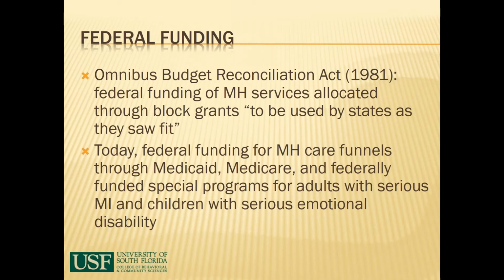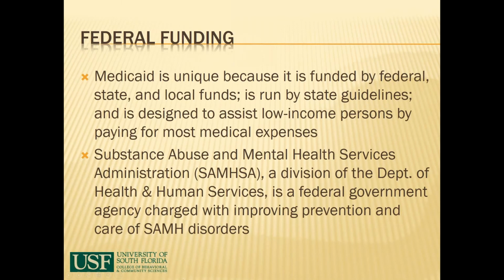A lot of it comes through Medicaid and Medicare because so many of the clients in community mental health centers have government-funded health care. Medicaid's unique because although it's funded by federal, state, and local funds, it's run by the state. And so Medicaid policies and rules may vary from state to state, and they are focused on low-income individuals and families.